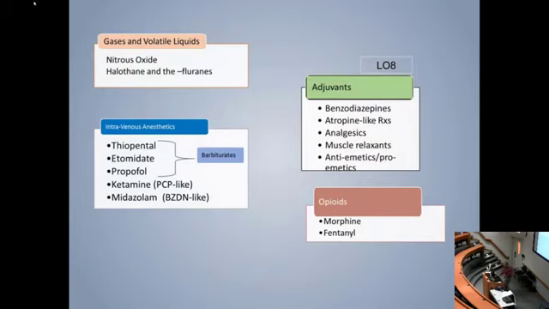So just to quickly summarize, we had talked about the gases and the volatile liquids that are administered with inhalation. We talked about some of the IV anesthetics and where their uses are. Understand that adjuvant therapy could be our classic benzodiazepines, atropine-like drugs, analgesics for pain management, which is coming up in 10 minutes, and muscle relaxants so that the muscle is essentially not tense and you can cut through it.